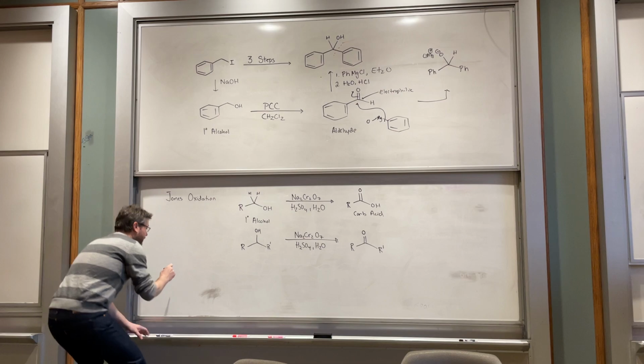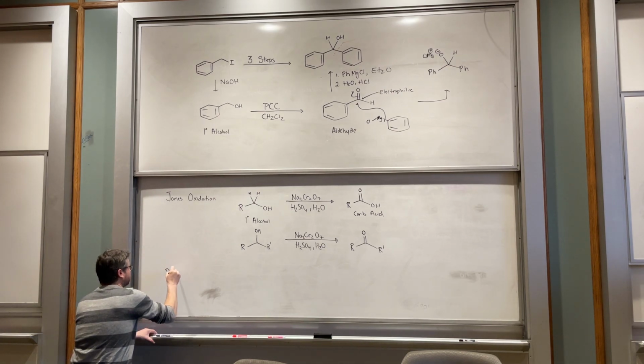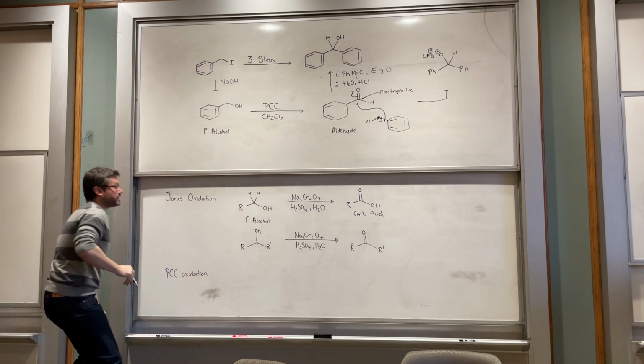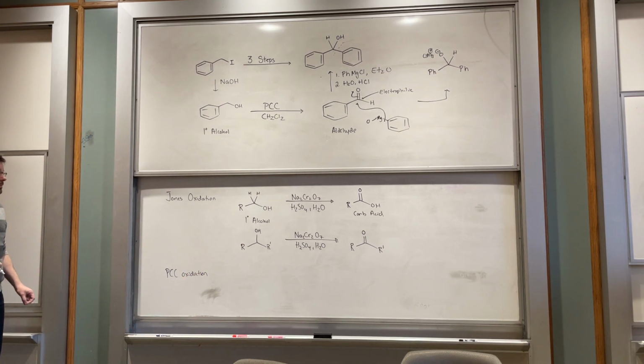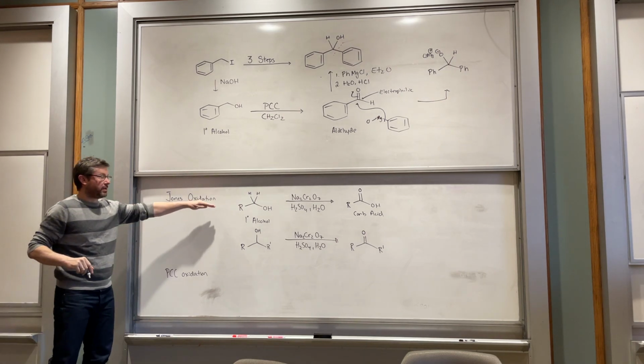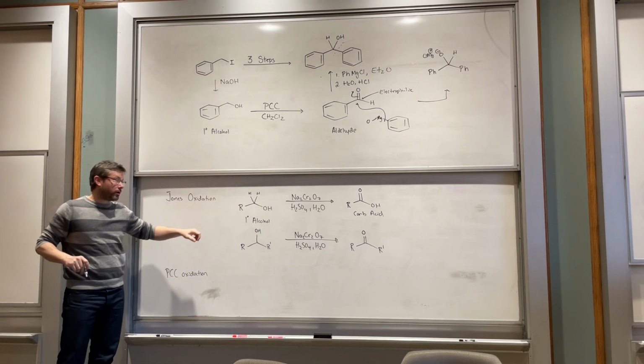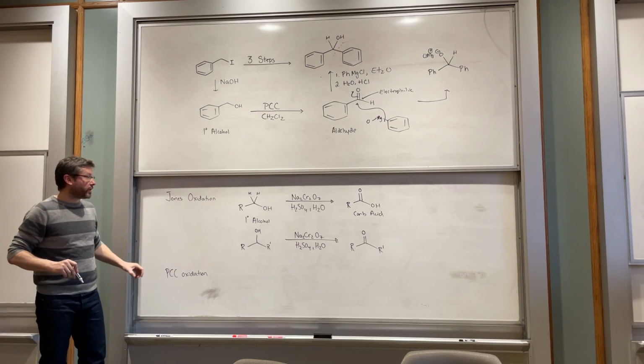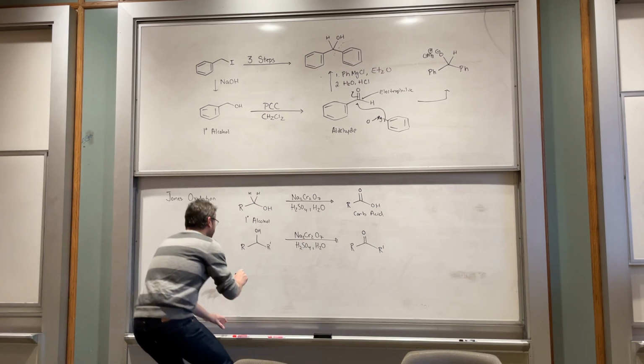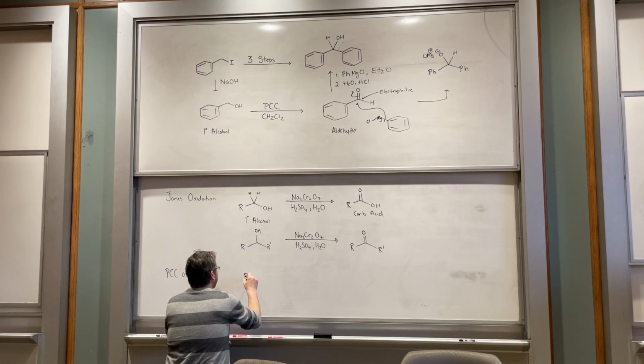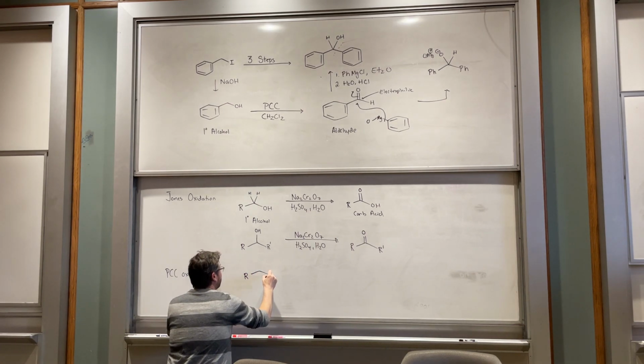Right? In contrast, we also looked at PCC oxidation. And the difference in terms of products is pretty significant, right? And it really comes in the oxidation of the primary alcohol. So whereas Jones oxidation will give us the carboxylic acid, PCC oxidation of primary alcohols will afford the aldehyde.